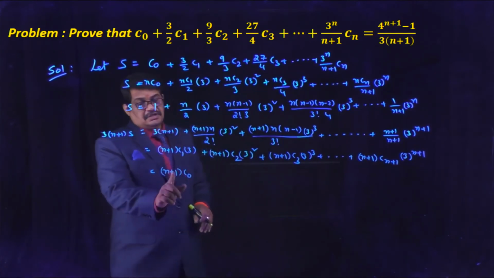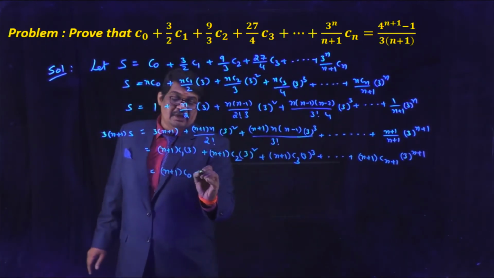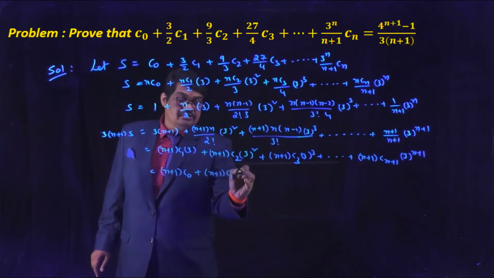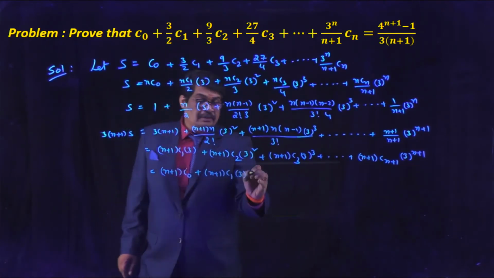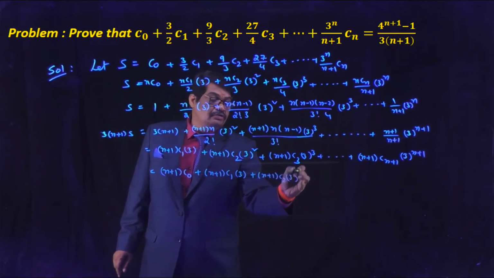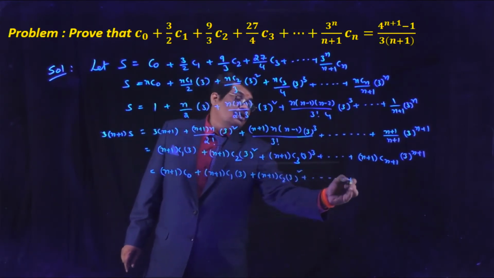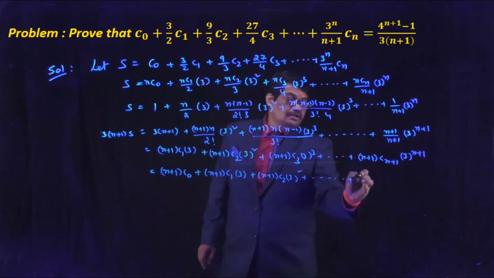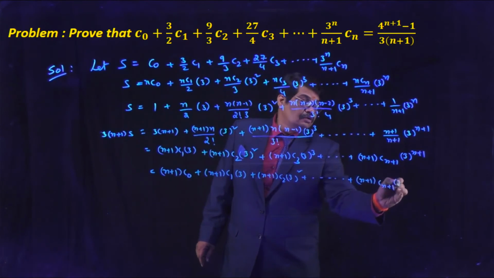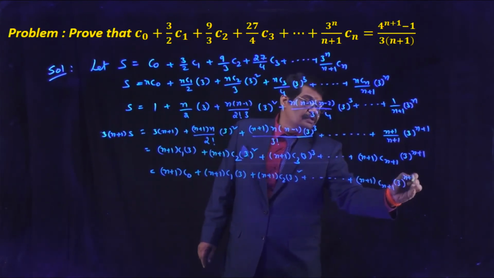Now we are writing n plus 1 c naught plus n plus 1 c1 into 3, plus n plus 1 c2 into 3 square and so on. The last term is n plus 1 c n plus 1 3 to the power of n plus 1.